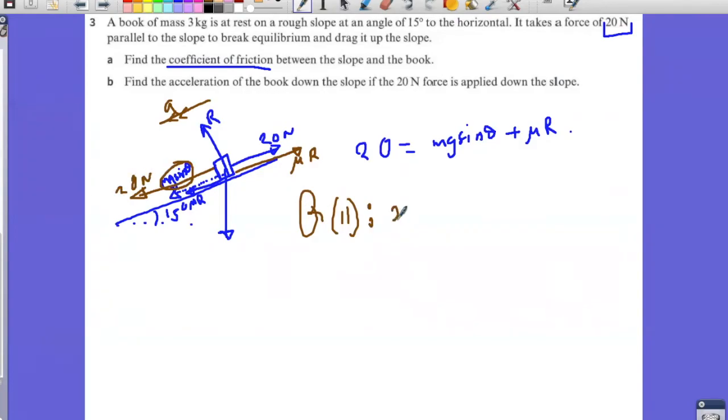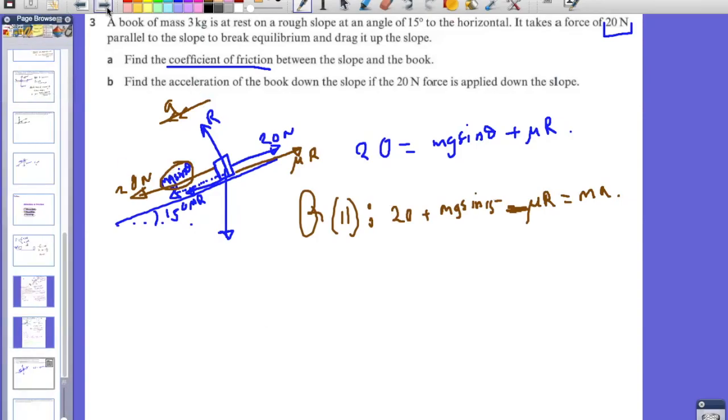So you'll get 20 plus mg sine 15 minus mu R. This should be equal to ma. Okay, and then you can find the acceleration.